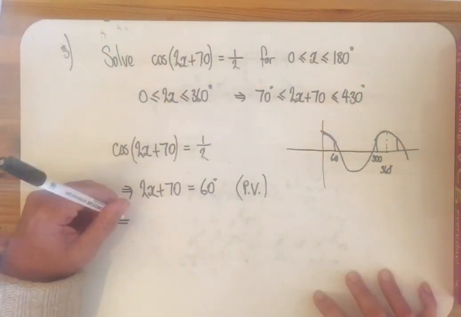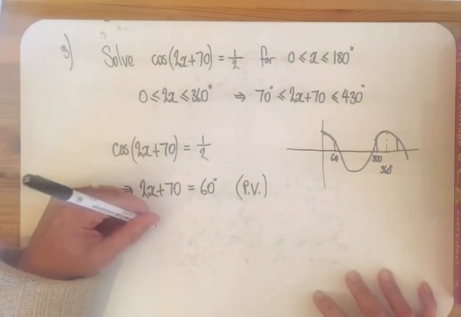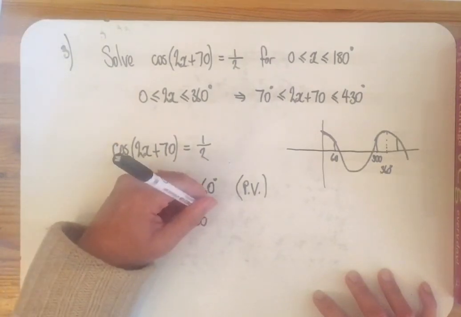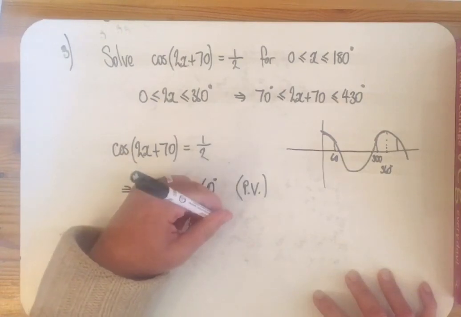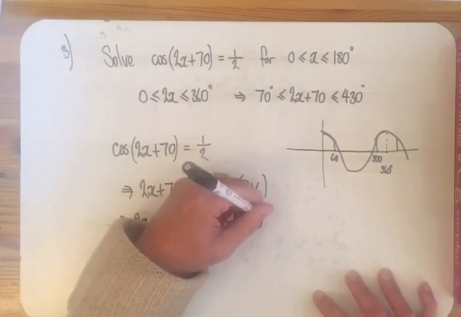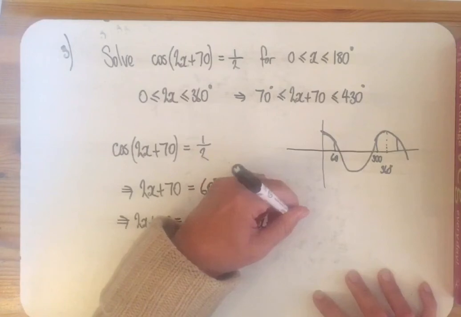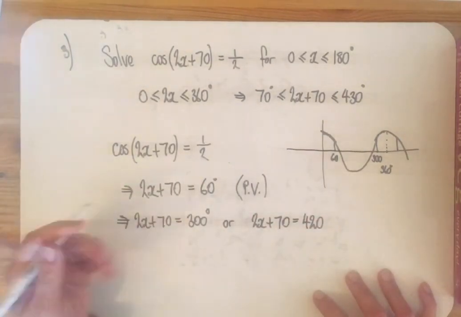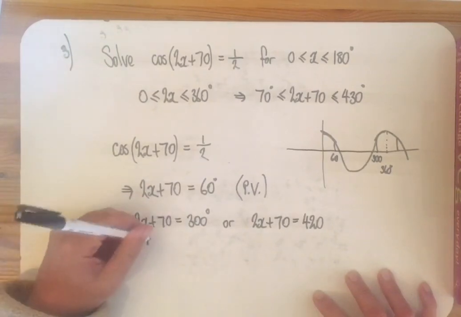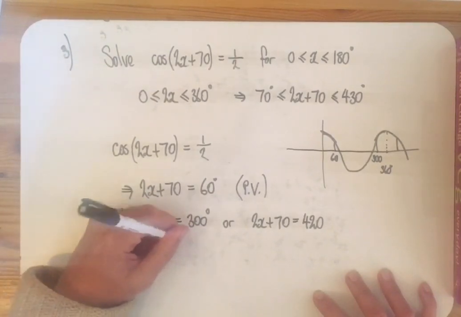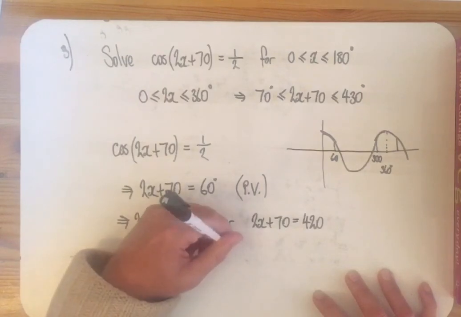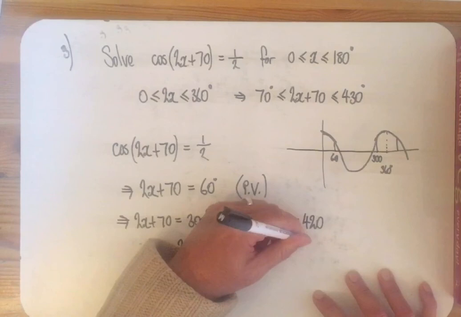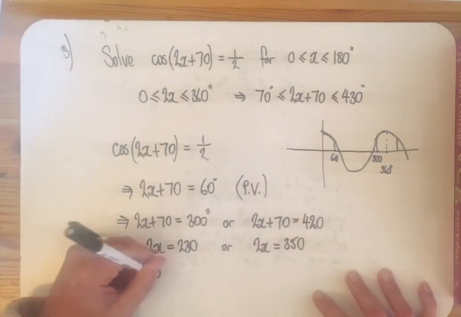So 2x plus 70 is equal to 300, or 2x plus 70 is equal to 420, and then as usual, so minus 70 and then divide by 2.